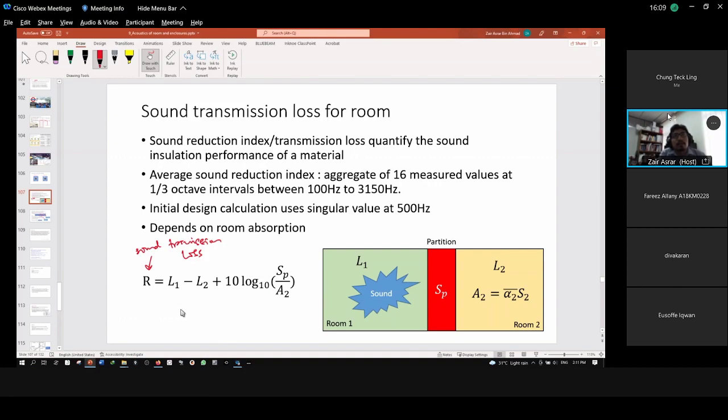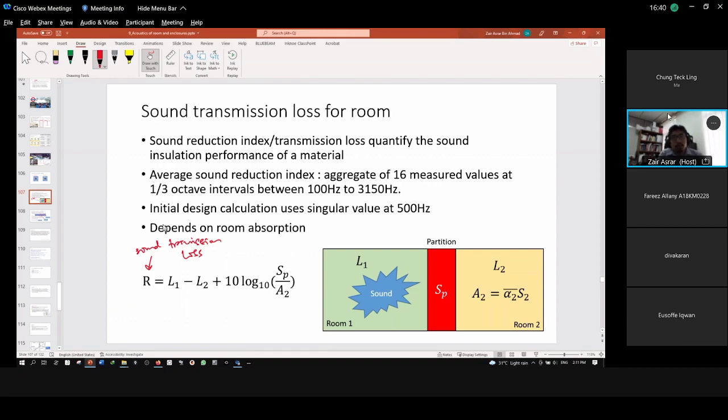Since we know that absorption is dependent on frequency, the sound transmission loss is also frequency dependent. In some standards we measure at different frequency values. It can be 16 different frequency values if we are using a 1/3 octave interval, and that frequency is between 100 hertz to 3150 hertz.